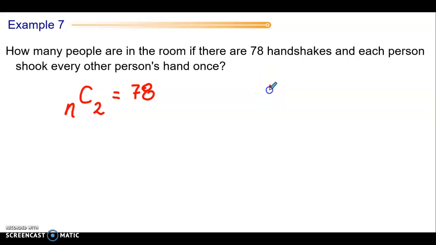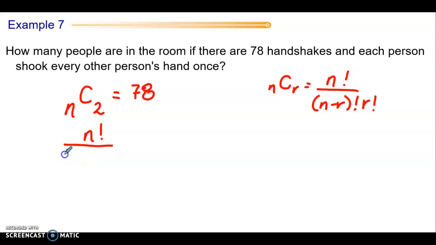Using the formula nCr equals n factorial over n minus r factorial times r factorial, in this example, we have n factorial divided by n minus 2 factorial times 2 factorial equals 78.